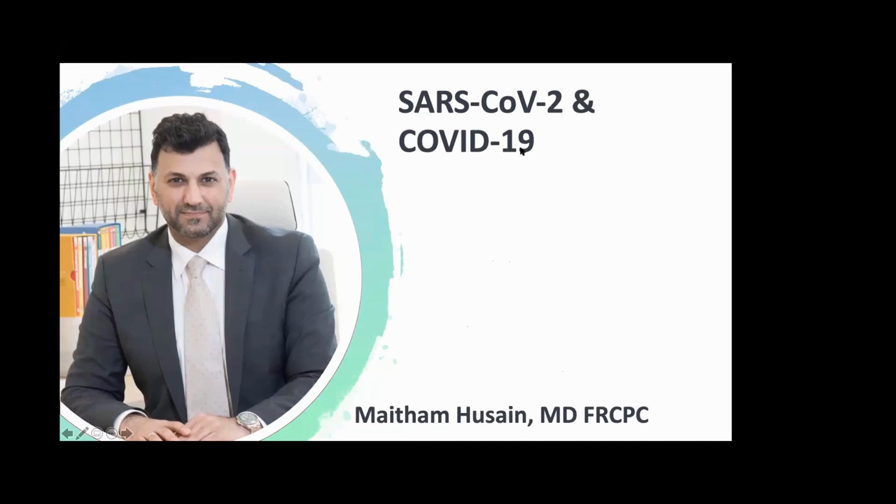And the 19 is just to make sure that we do not blame the year 2020, because the epidemic had started in December 2019. The disease was declared a pandemic in March of 2020, but as a disease entity it was defined in December 2019 in the city of Wuhan in China.